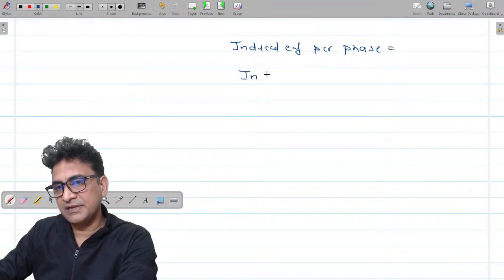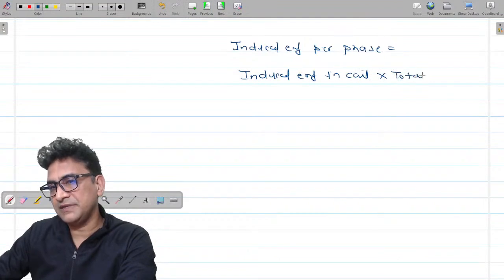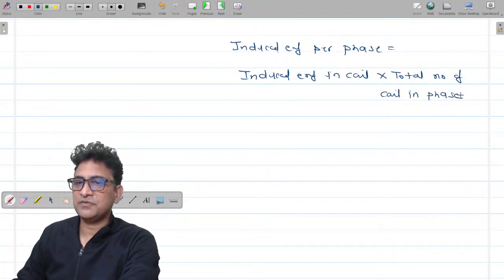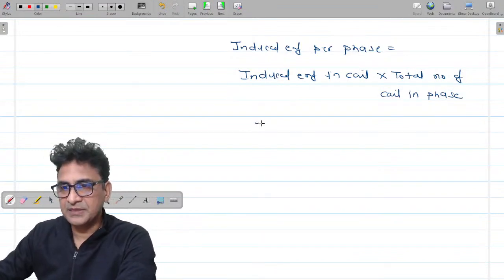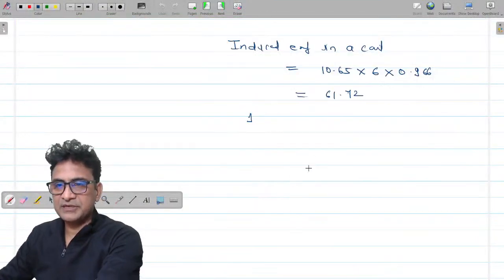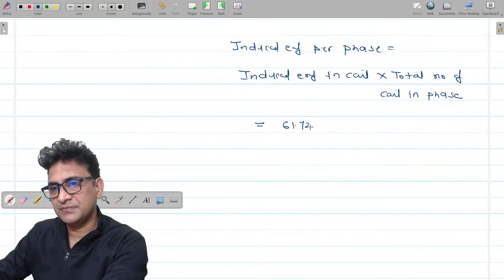Induced EMF in a coil, we already calculated in the previous question, multiplied by the total number of coils in a phase. In a phase winding, how many coils are we using? The induced EMF in a coil we calculated was 61.72.